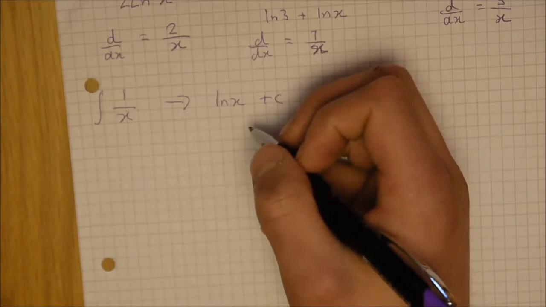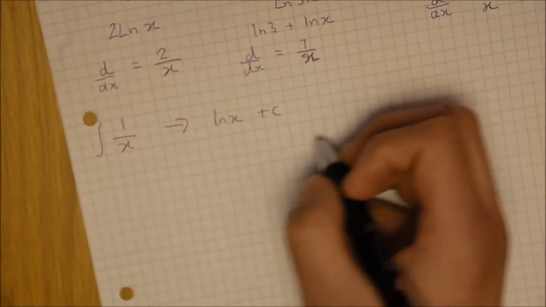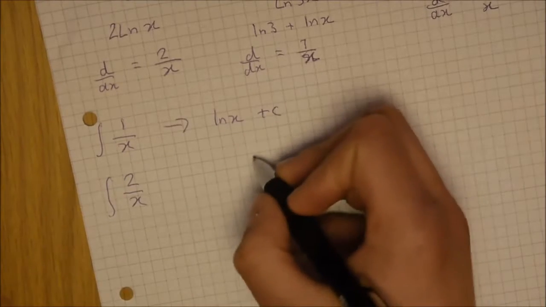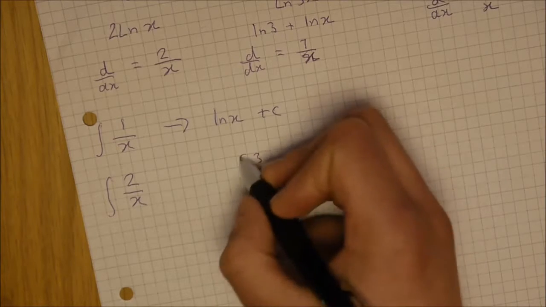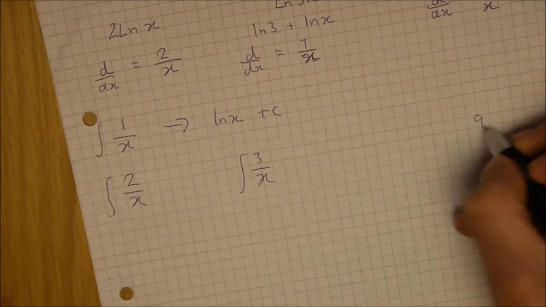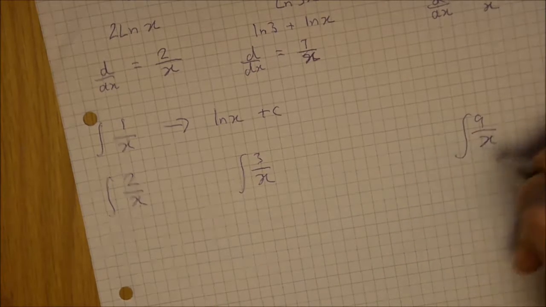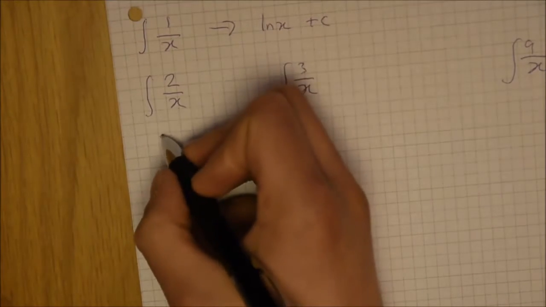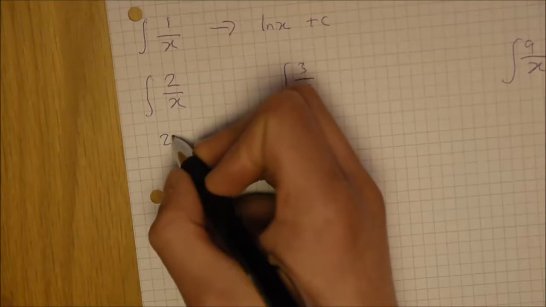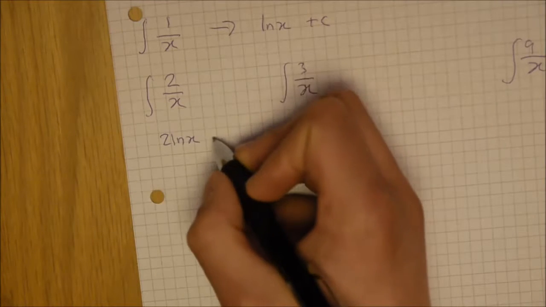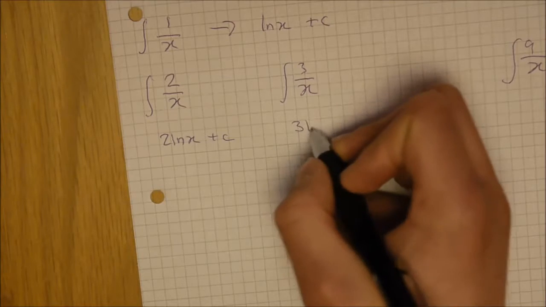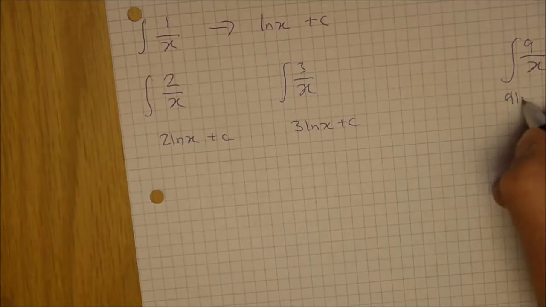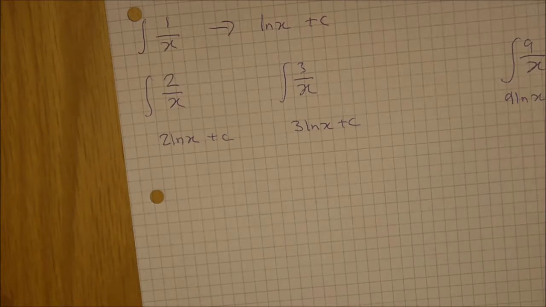We're going to have 2 over x, 3 over x, and we'll just pick 9 over x. They're all going to go to pretty much the same thing. So if you integrate 2 over x, that becomes 2 ln x plus c, 3 ln x plus c, and 9 ln x plus c.